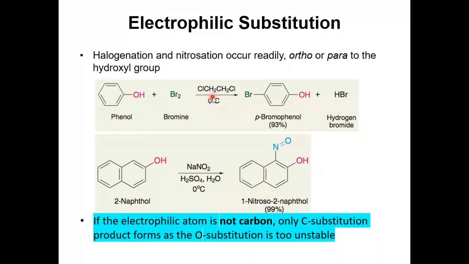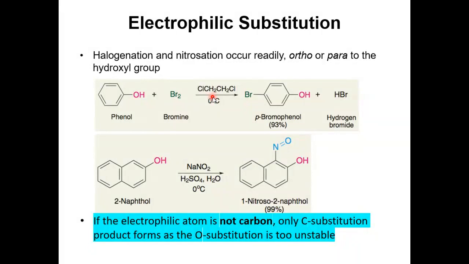Okay? You see, first you have to find out why this reaction is so fast. Right? If you're using benzene, you brominate it, you need an added catalyst, because without a catalyst, the reaction will be too slow. So did you see the difference here? You have the OH group. OH group is what group?